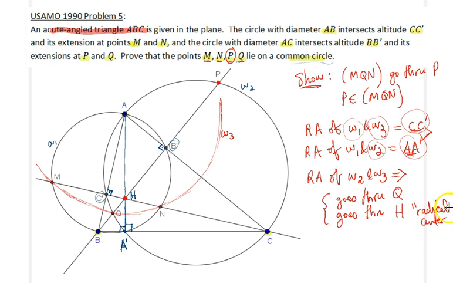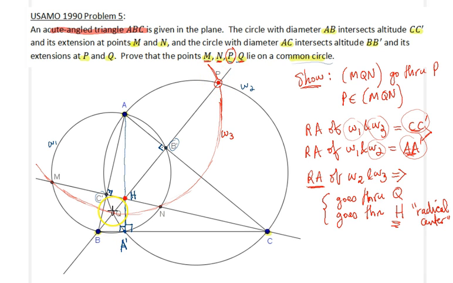So we already know that this red circle goes through Q because that's how we defined it. We are defining the circumcircle of MQN, and I also know it has to go through H, so the radical axis of omega 2 and omega 3 is the line BB prime. But by construction, BB prime intersects the point P, so therefore omega 3 has to go through that point P.